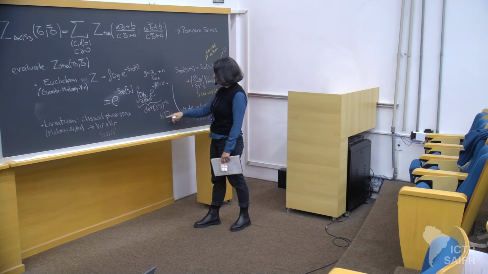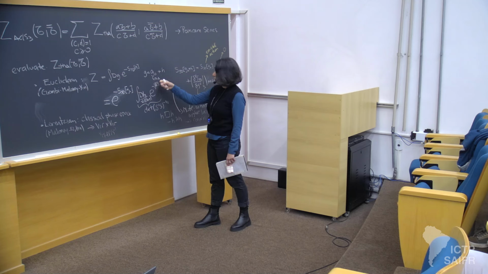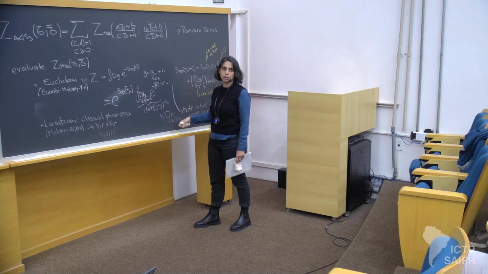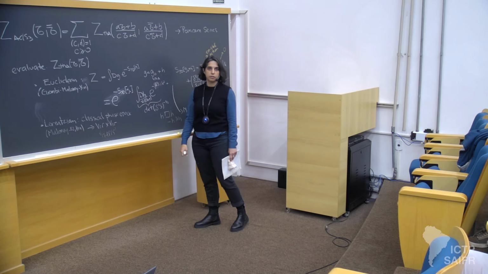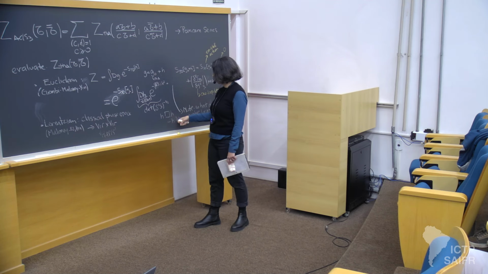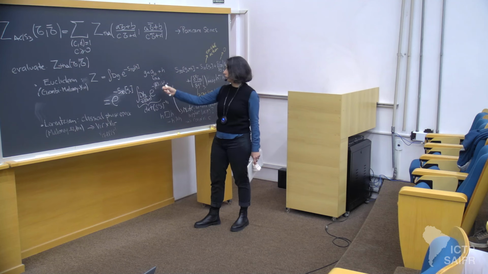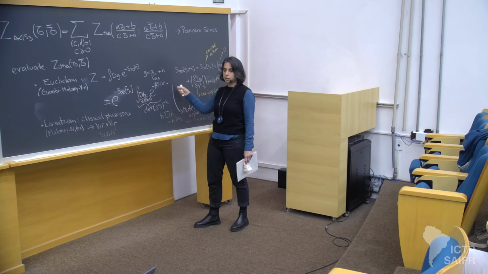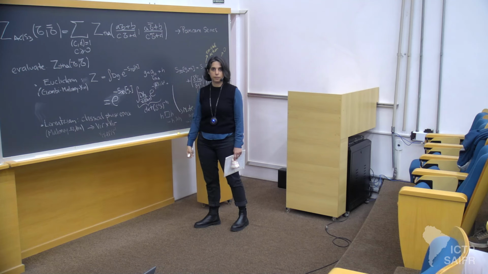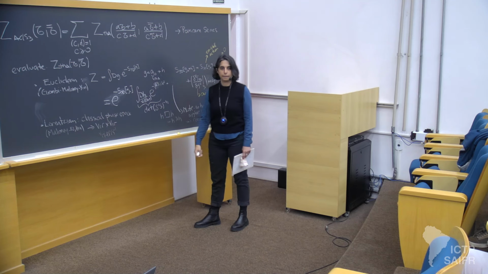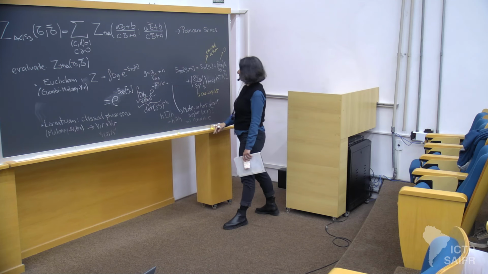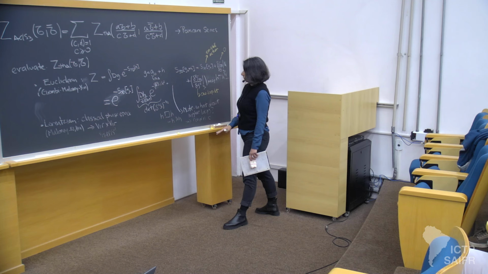Then this determinant is the multiplication of these eigenvalues. That's why it's called a determinant. For each eigenvector, you'll have a Gaussian that will give you 1 over square root of lambda, and then off you go. Okay.